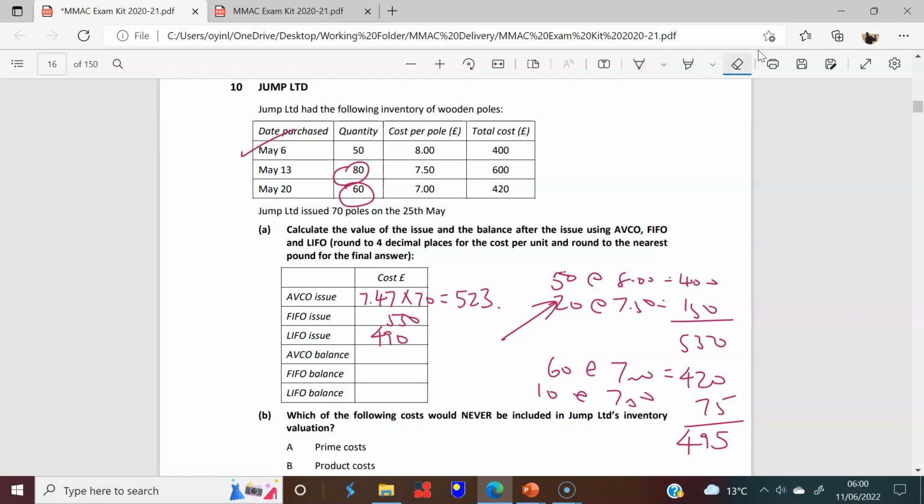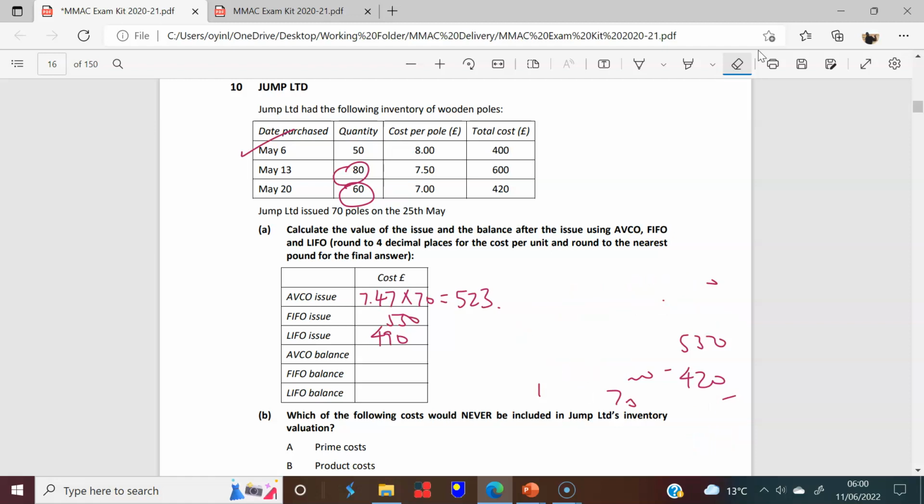Right, so let's very quickly look at what the balance is. The question is asking in terms of what's left. So in terms of what is left, if we look at the AVCO, I shouldn't have probably erased that, but I'll just add all that together.